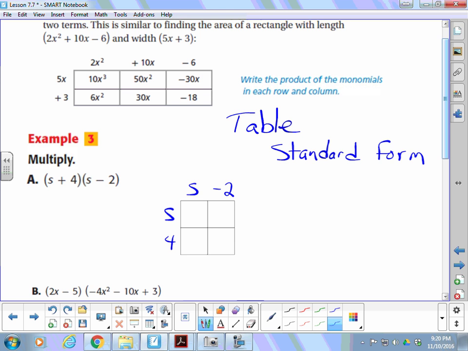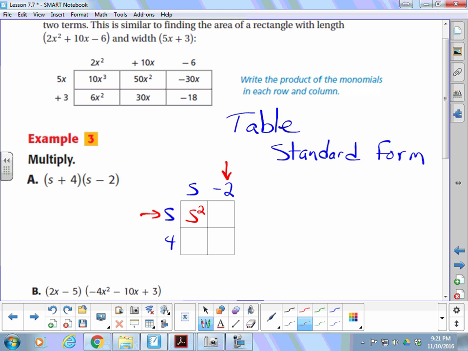And so what we're going to do now is multiply each row by each column. Okay? First of all, I'm going to multiply these two s's together. When I multiply them together, I get s squared. S times s is s squared. Then I'm going to multiply this s by this negative 2.